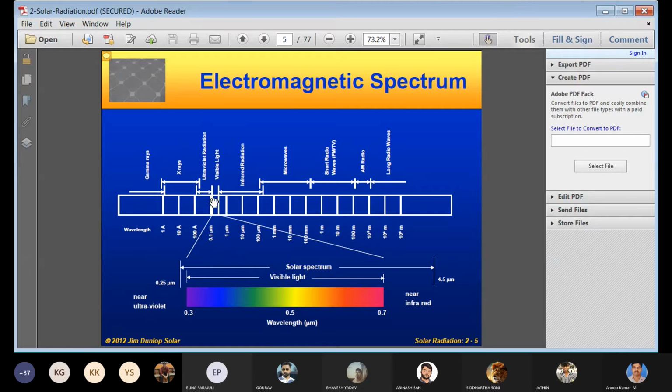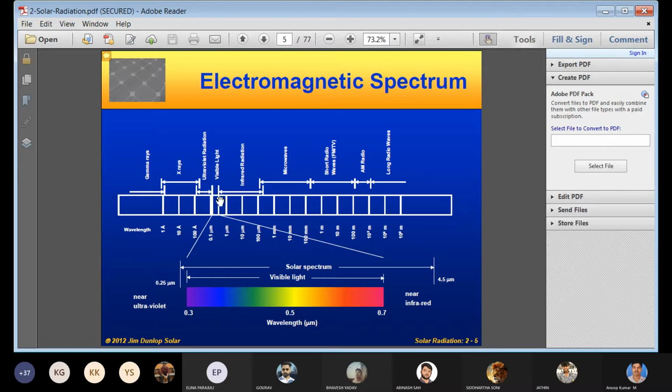So this is a very narrow gap in the entire energy spectrum, right? You can see this blue line is the 0.25 to 0.7. So there are radiations left and right of it. Right of it means we have more than red, infrared. So infrared radiation means greater than 0.7.